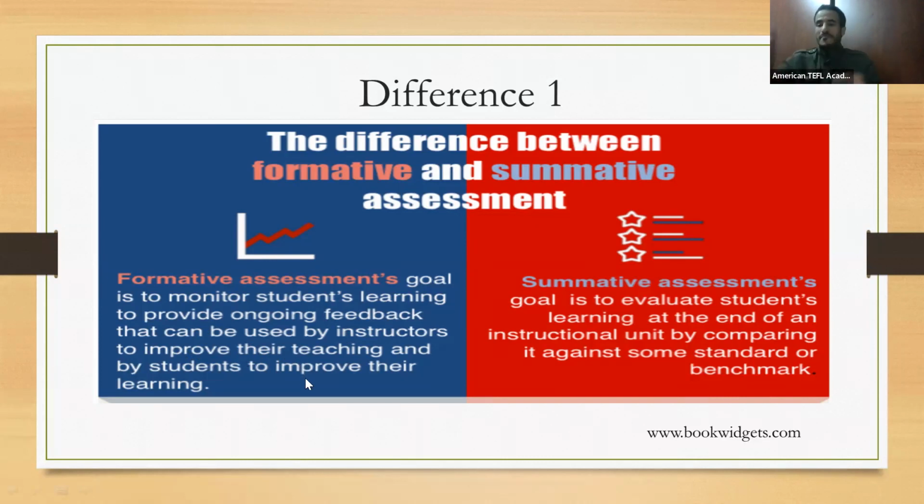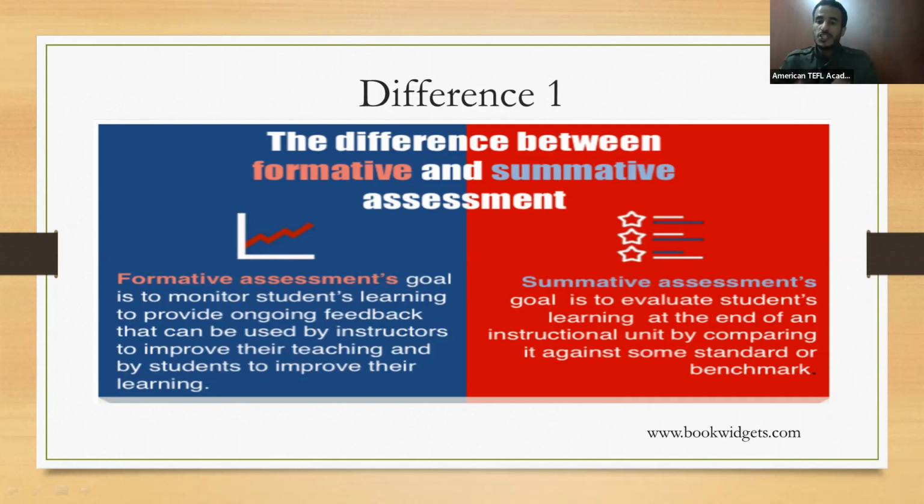Number one, the goal of formative assessment is to help the teacher and the learner. The teacher will know if he is teaching well, and the learners will learn if they are learning better, if they are improving or not.